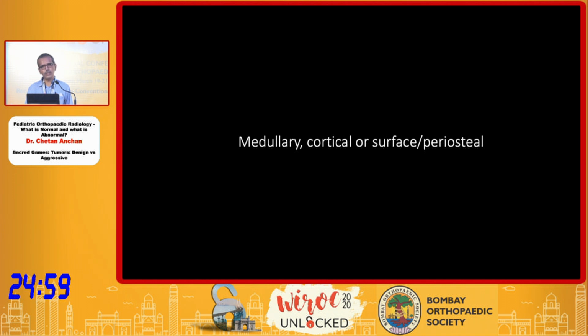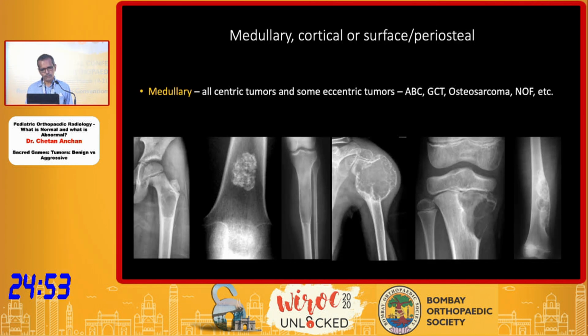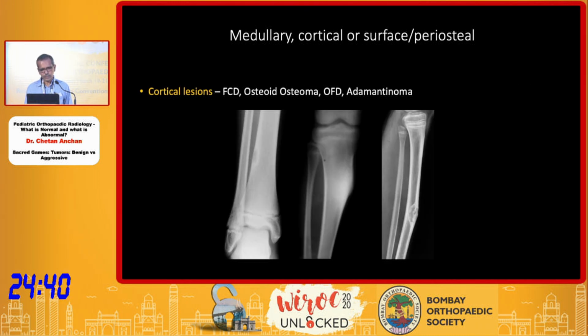Then you should see whether this lesion is medullary, whether it is cortical, or whether it is a surface lesion. So all these centric tumors are certainly medullary, and most of these eccentric tumors like aneurysmal bone cyst, giant cell tumor, osteosarcoma, non-ossifying fibroma, etc. are medullary lesions. On the other hand, fibrous cortical defect, osteoid osteoma, osteofibrous dysplasia, adamantinoma, most of these are cortical lesions.